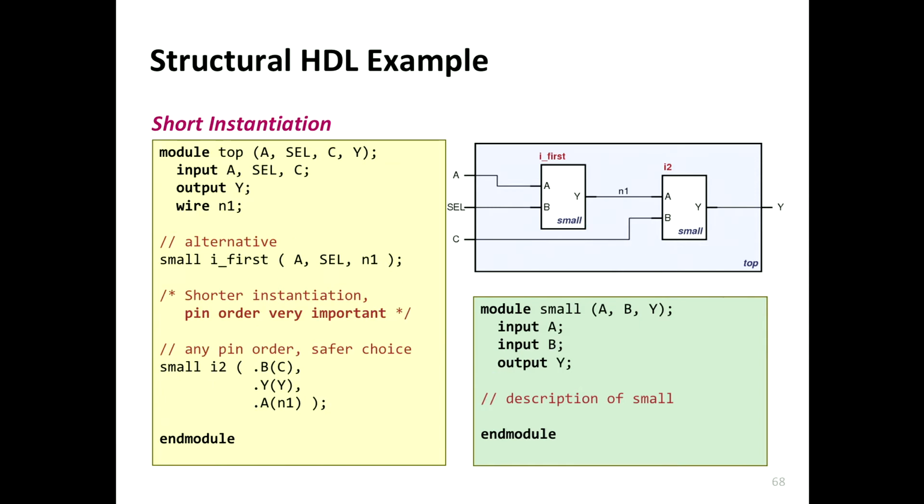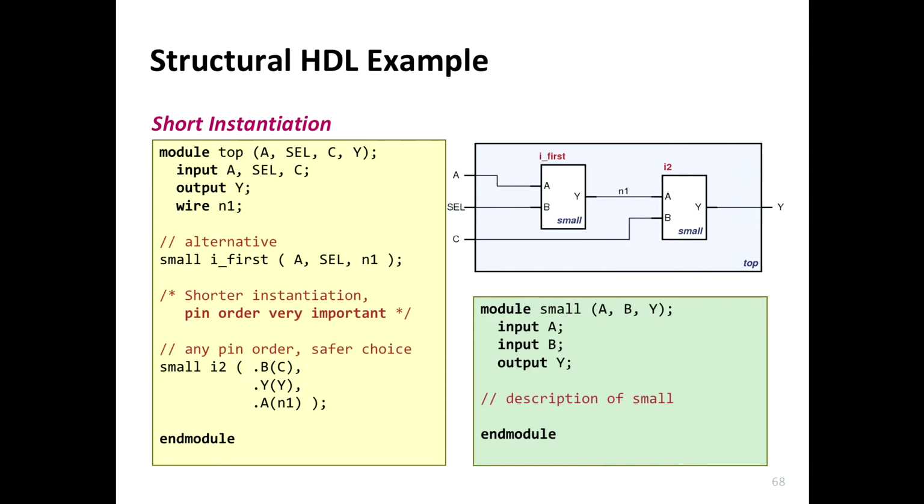You can also make it even easier. You simply say small, I first, A, select, N1. However, when you write this kind of instantiation without the dots and the braces, you have to remember to keep the order.